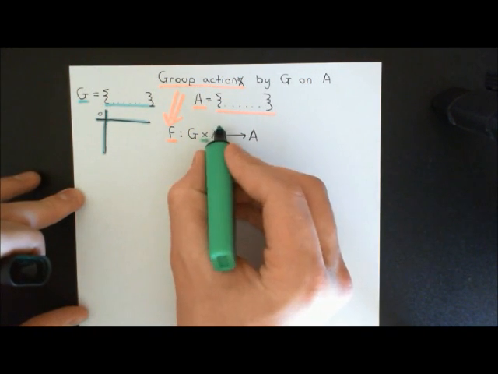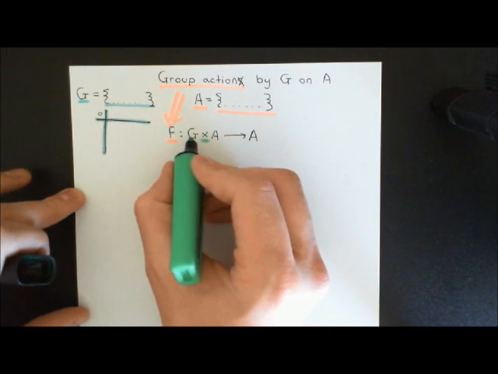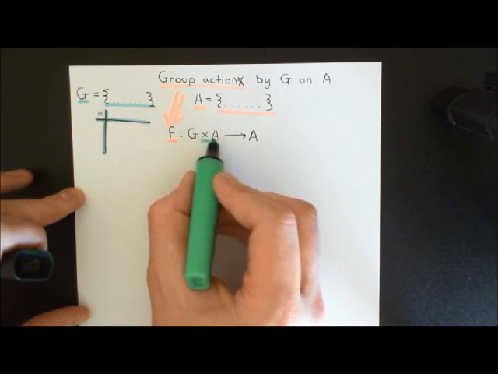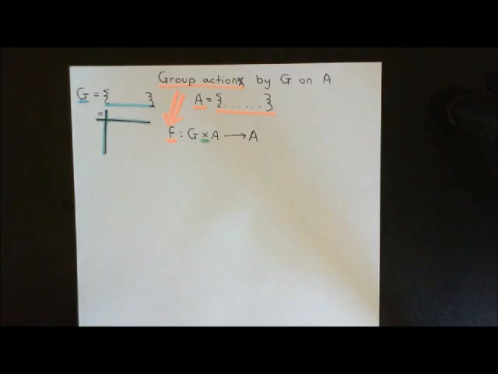Obviously this is not a group, so this cannot be a group product. Instead, this is just a set product between the set that underlies the group capital G and the set capital A.